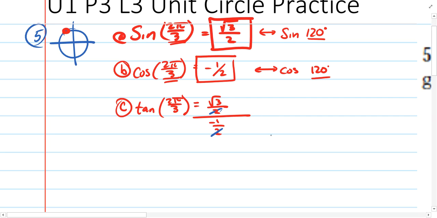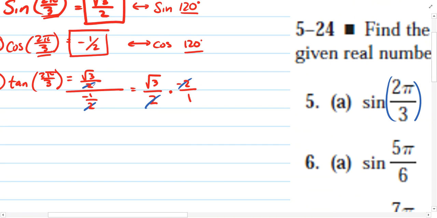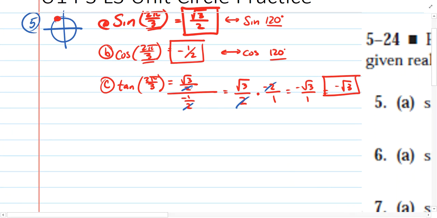We can see that if we illustrate it this way. Radical 3 over 2 divided by negative 1/2 would be the same as multiplying by negative 2 over 1. And when you multiply by the reciprocal instead of dividing, you can clearly see how those two values are going to cancel. We're left with negative radical 3 over 1, or just negative radical 3. And that would be a good answer for part C in problem number 5.